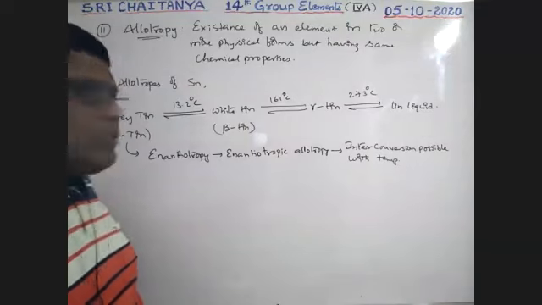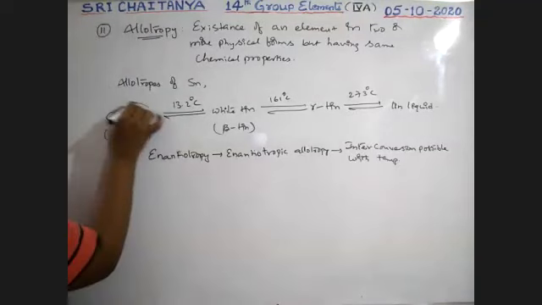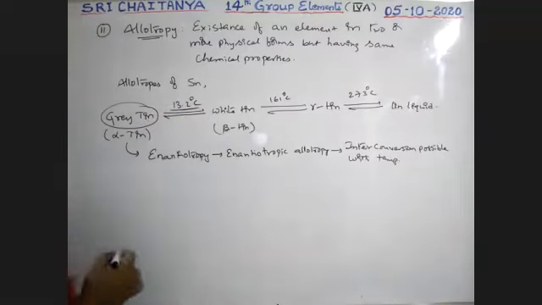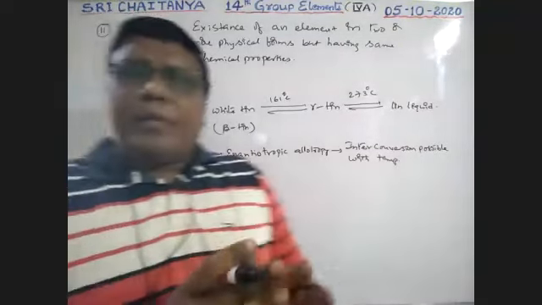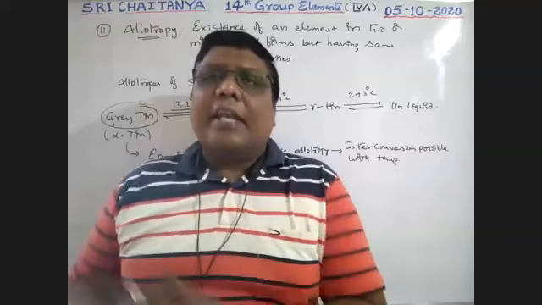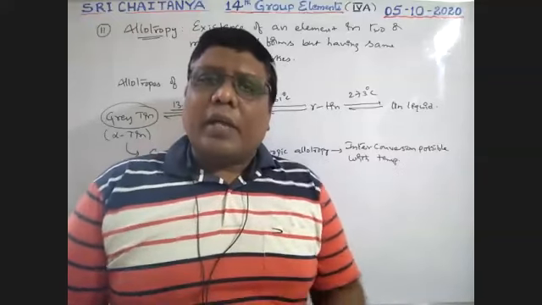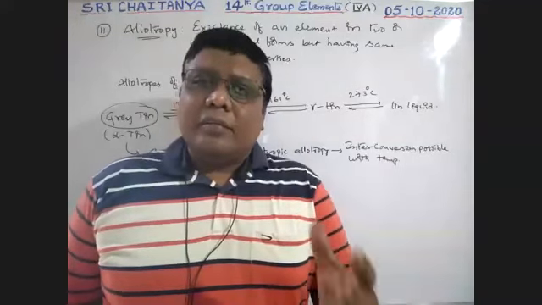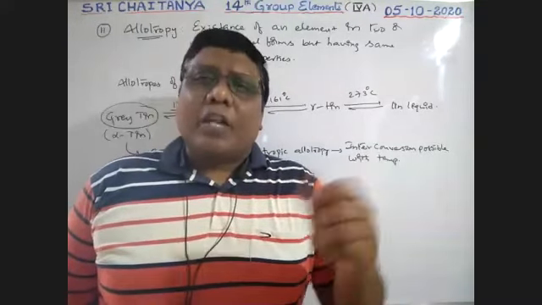So boys, grey tin exists below 13.2 degrees centigrade. That means in cold countries, grey tin exists. That grey tin is in powder state.